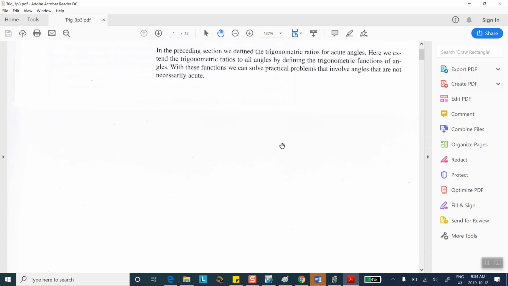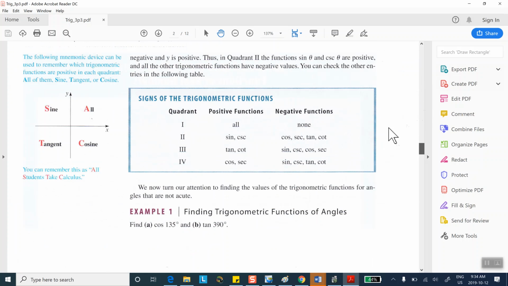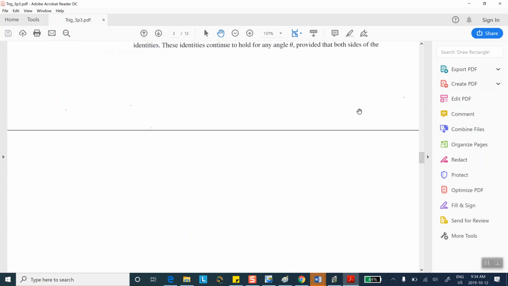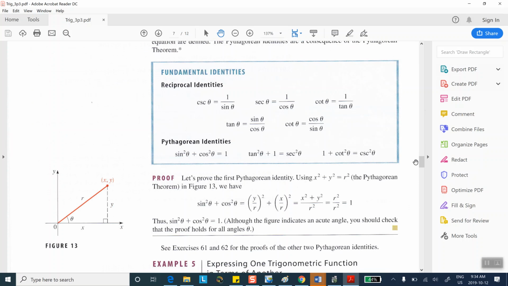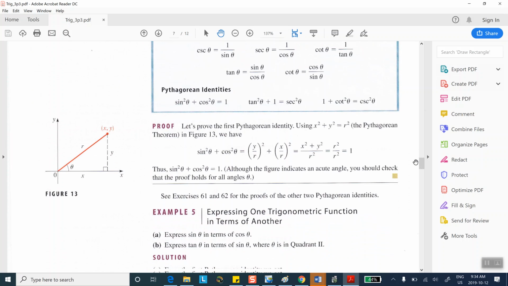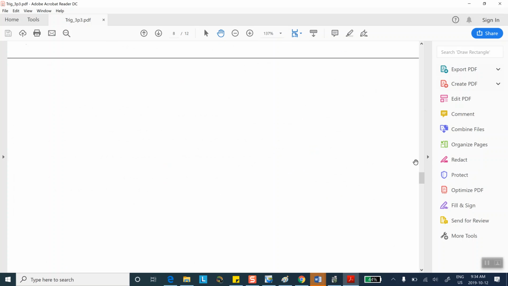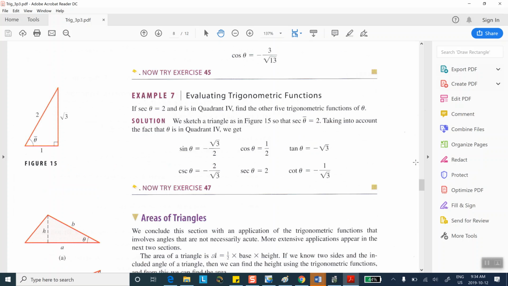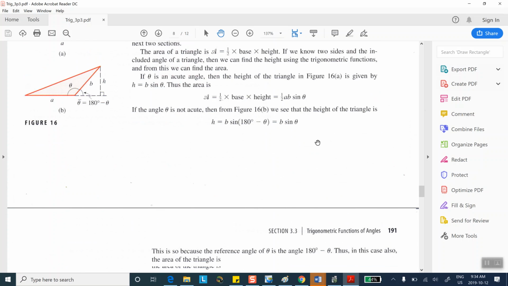If you scroll down here to see what they gave us about the area, okay, so there's a situation.